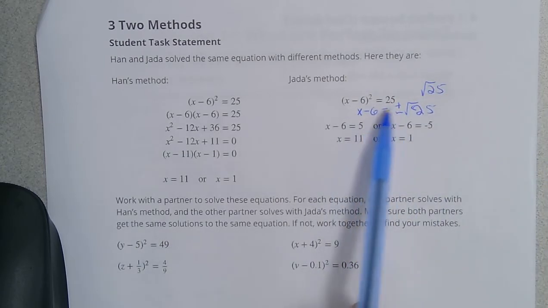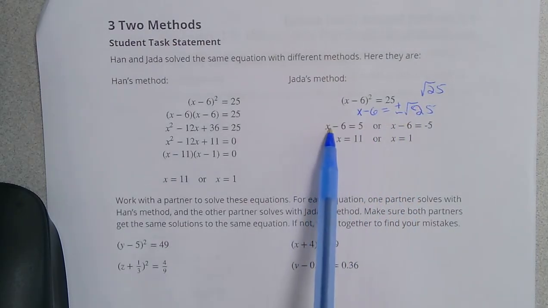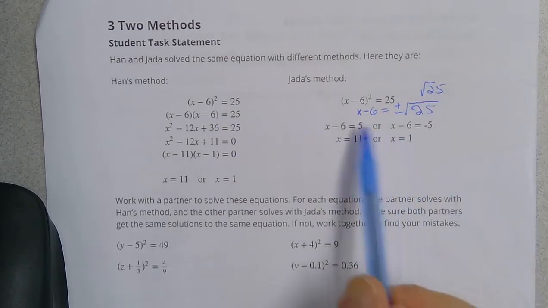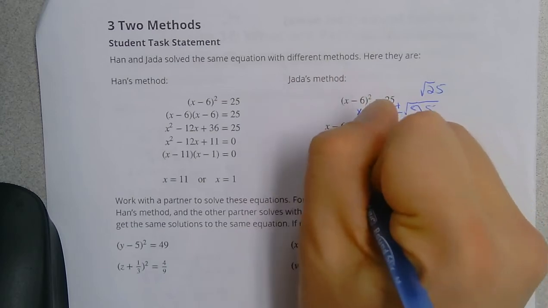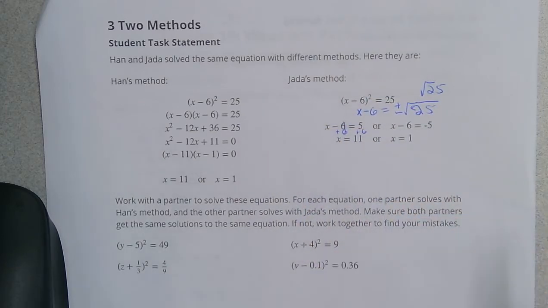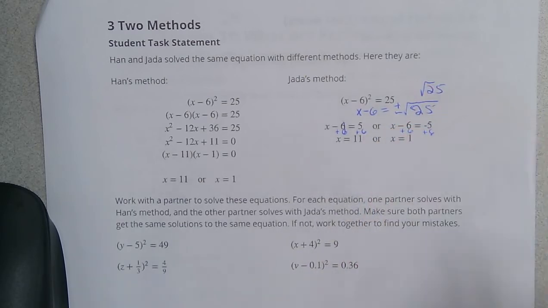So if I do that, x minus 6 is plus or minus 5. So we see here x minus 6 equals positive 5, and x minus 6 equals negative 5. So adding 6 to both sides, we see that 5 plus 6 is 11. And then add 6 over here, negative 5 plus 6 is 1.